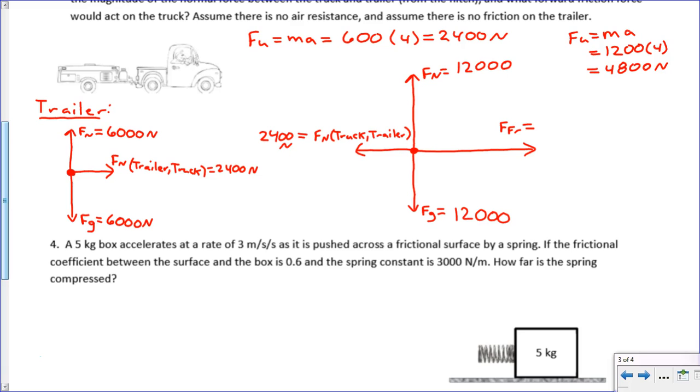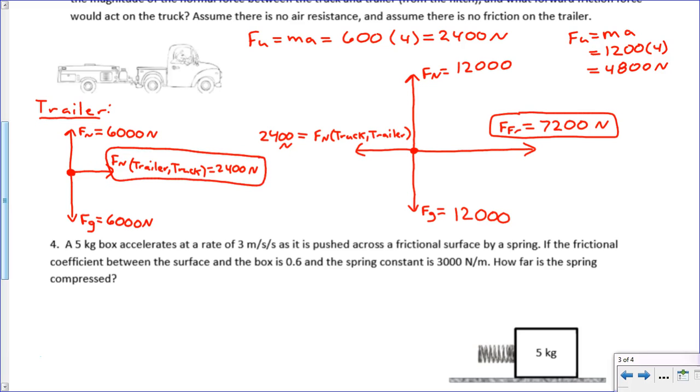With 2,400 to the left, we have 7,200 to the right to balance out. So we found that the friction force on the truck is 7,200, and the normal force between the truck and the trailer is 2,400 newtons.